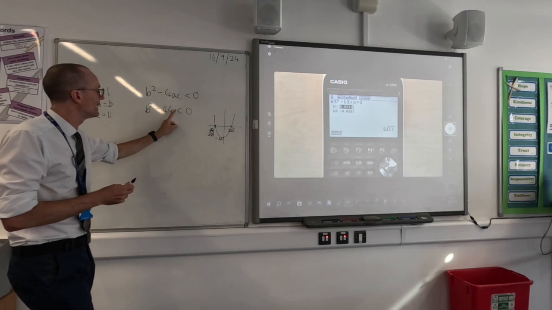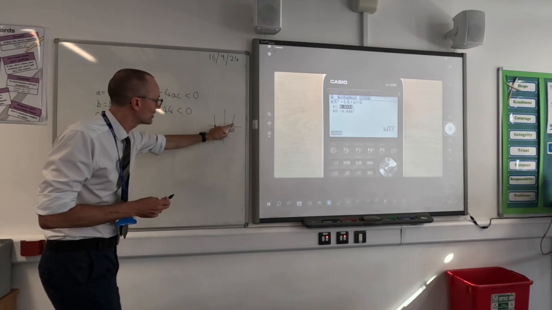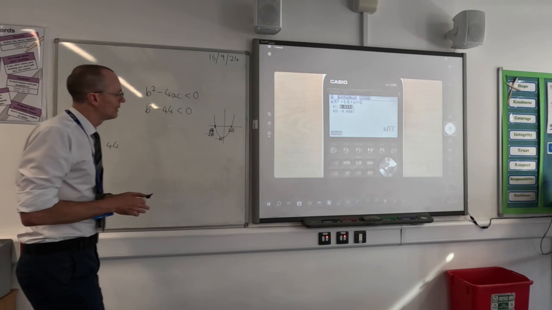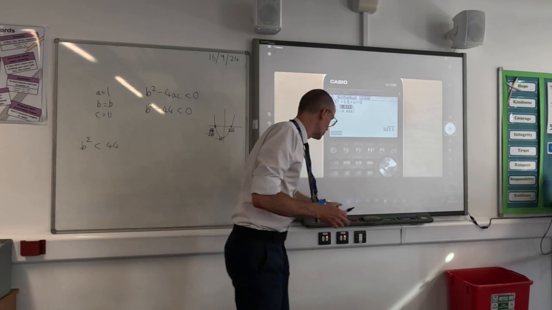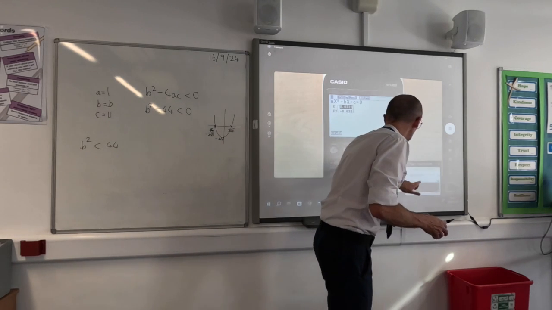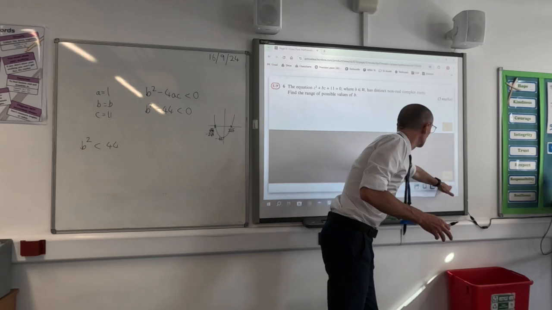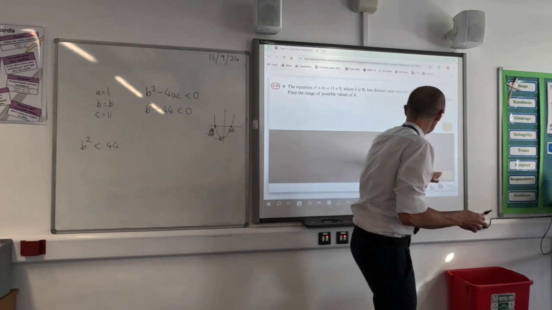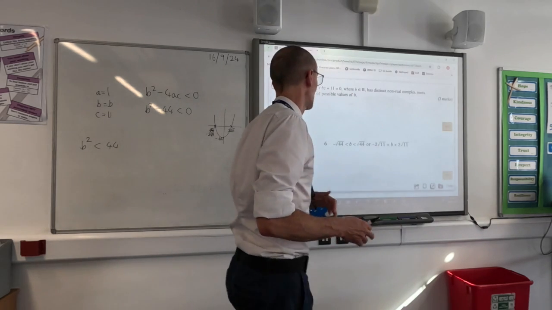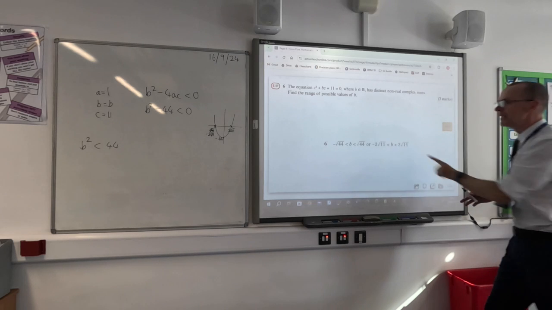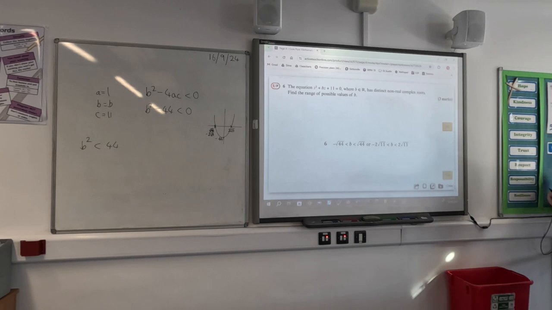We need to know when it's less than 0, so we're talking about the sandwich, and so the solution is b is between minus 2 root 11 and 2 root 11.